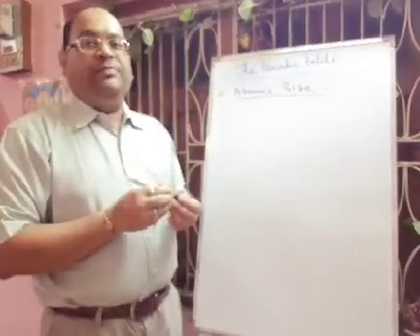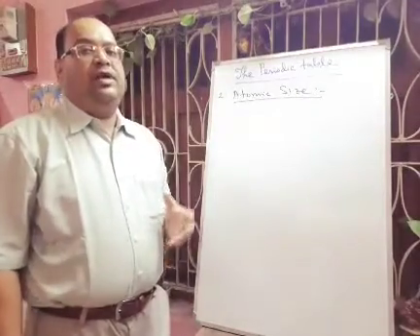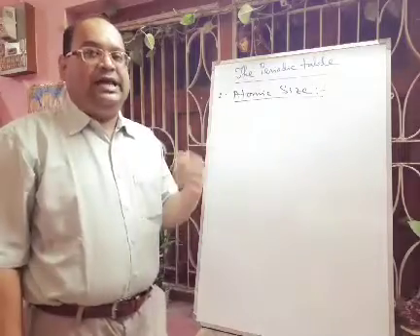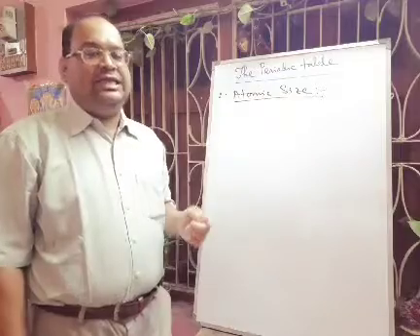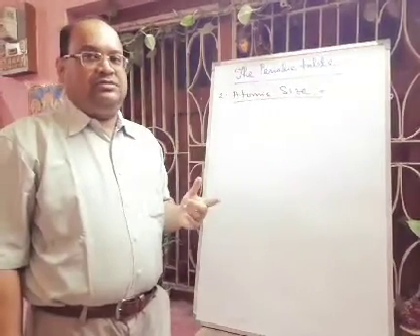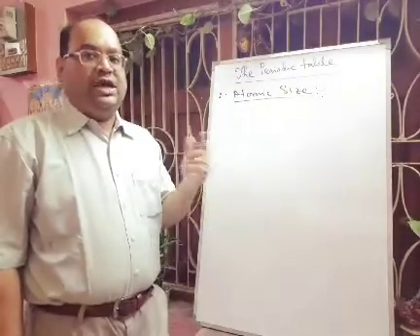Now we always consider an atom as a sphere, and the size of the atom is measured by its radius, which is called the atomic radius. Atomic radius is the distance from the center of the nucleus to the outermost shell.